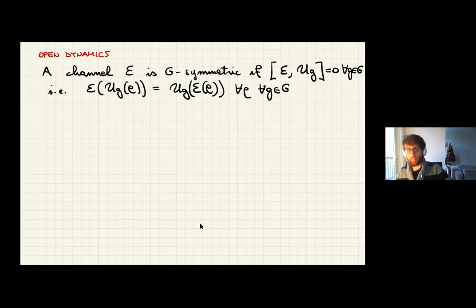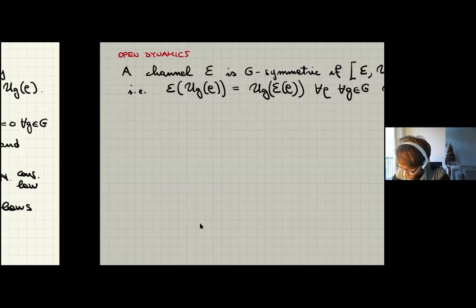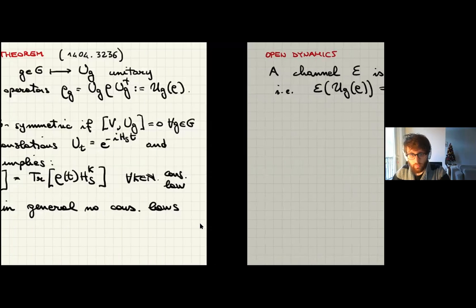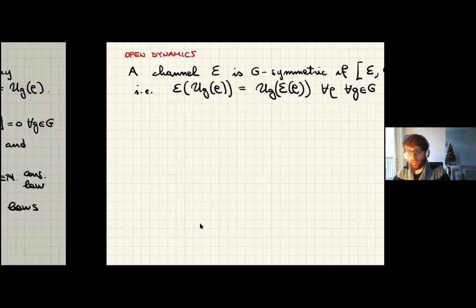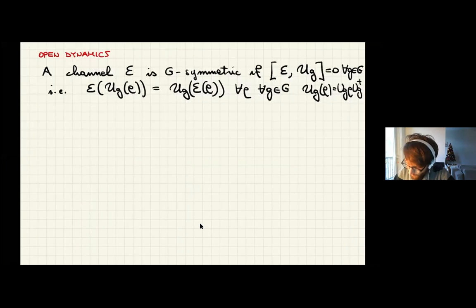Okay, this is what it means for them to commute. Okay, and again, remember what we mean by this curly U. We just mean the way unitaries act on the density operator. Okay, and this condition here should really remind you of this condition here. So this is what it means for a dynamics to be symmetric.